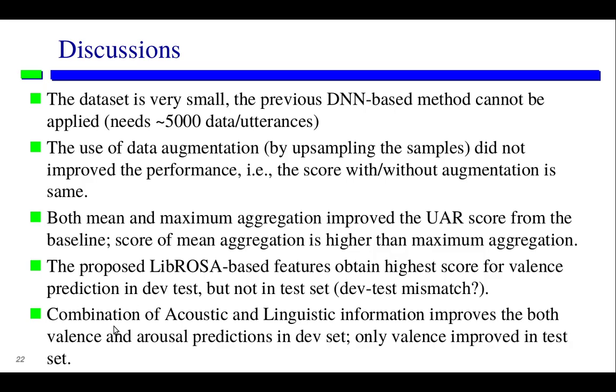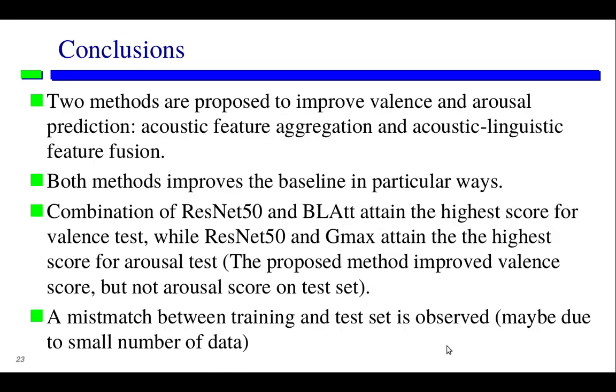The combination of acoustic and linguistic information improves both valence and arousal in development, but in test only improves valence. I can summarize that two methods are proposed to improve valence and arousal prediction: acoustic feature aggregation and acoustic-linguistic fusion.